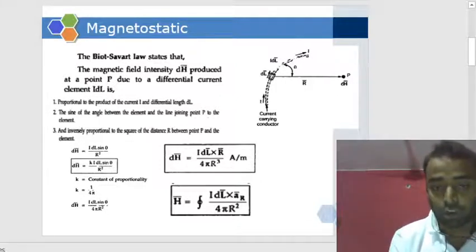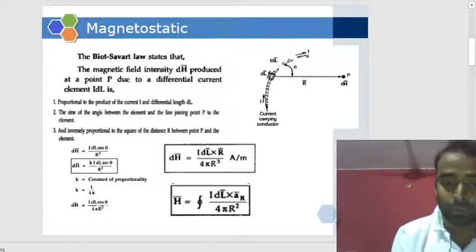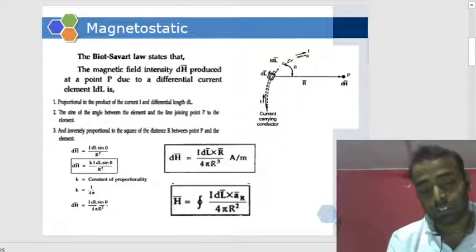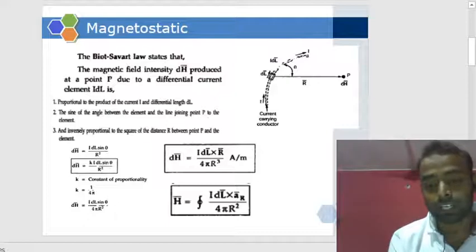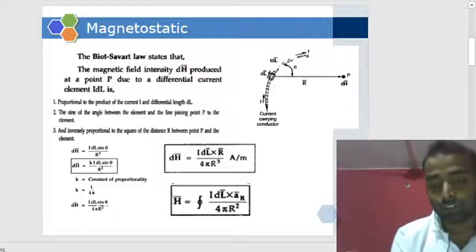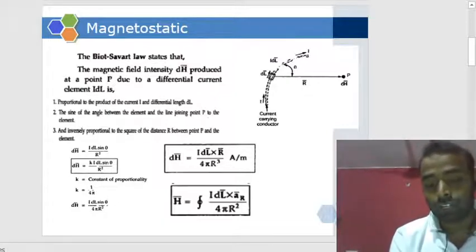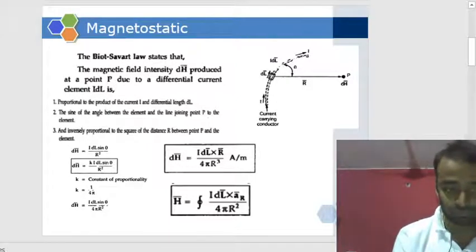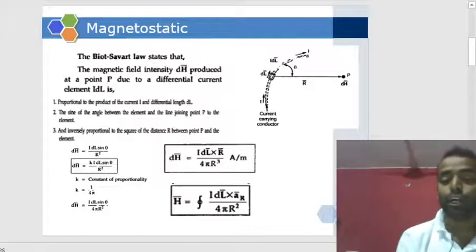So this is the Biot-Savart law, I dl sine theta upon r square. Remove sine theta, I mean just write it in the form of vectors because dl is a vector. So I dl cross ar upon 4 pi r square, or I dl cross vector r upon 4 pi r cube. Fine. Okay.